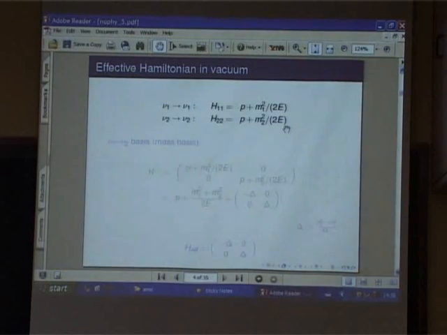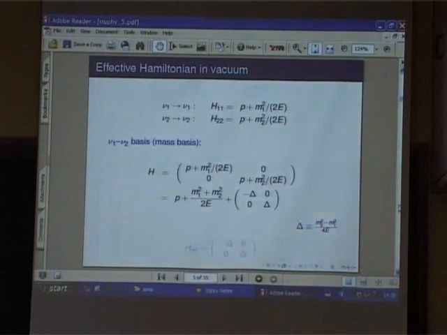So if I want to write the Hamiltonian in the mass basis, this is what it will look like. This is the Hamiltonian. I will have h11 and h22, these 2 numbers, which are m1 squared and m2 squared by 2E. And this is going to be my effective Hamiltonian. Now, I write it in this form.